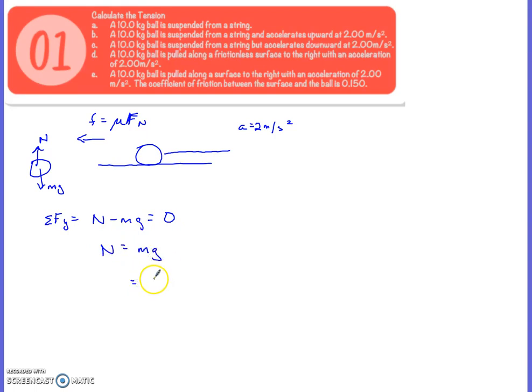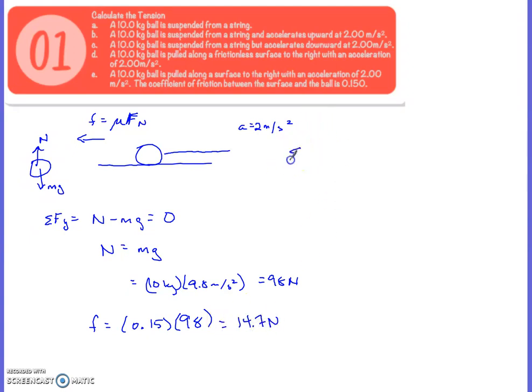In this case, the normal force is just equal to the weight, which is 10 kilograms times 9.8 meters per second squared, which is 98 newtons. So the frictional force is 0.15, the coefficient of friction, times the normal force, 98. So I'm going to grab a calculator because I can't do that one in my head. 98 times 0.15 is 14.7 newtons.